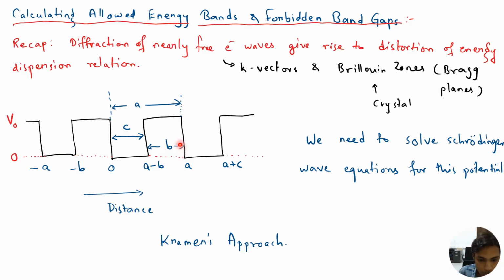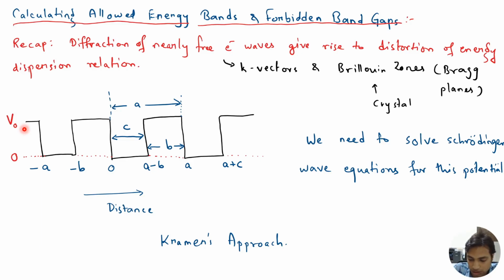You are able to visualize this, right? On the y-axis we have the depth of the potential. We take the base to be 0, and the height will be V naught. This is the potential which we want to solve.